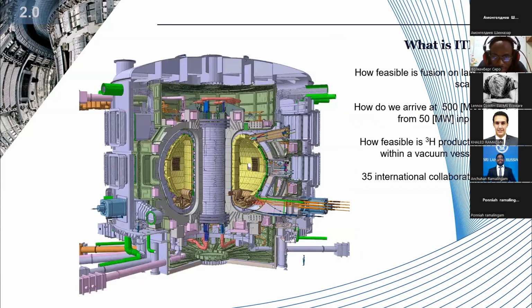Let's move on to the next slide, please. All right, so far, the one practical device that we have, other than what you have in the National Ignition Facility for the use of lasers in confining plasma, is ITER. ITER is an international project, the International Thermonuclear Experimental Reactor.